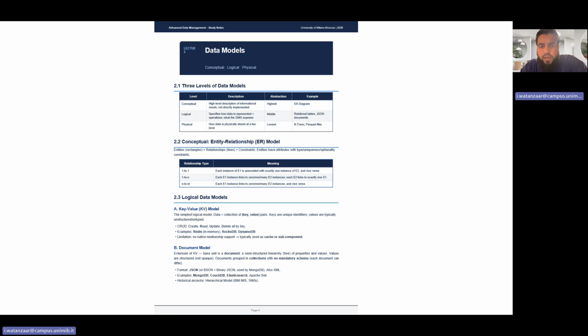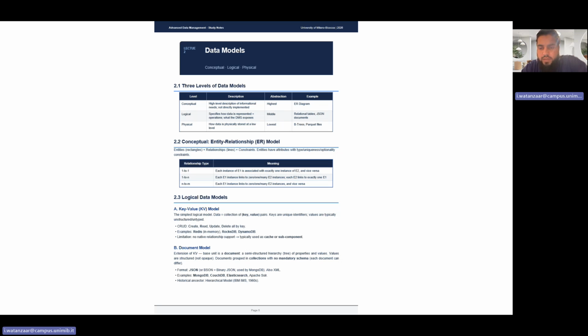Documents are grouped in a collection with no mandatory schema, and that's why we call the document model schema flexible. That is another differentiation from the key value model. With no mandatory schema, each document can differ. It is not necessary to define the schema in advance; it's not rigid, so you can easily change the schema as you need. Which formats are supported? JSON, BSON, which is binary JSON used by MongoDB, and also XML.